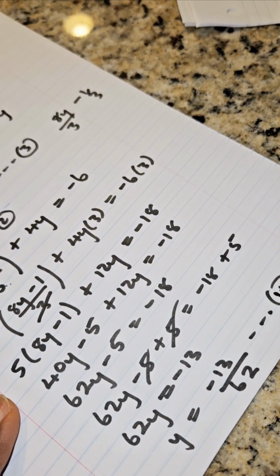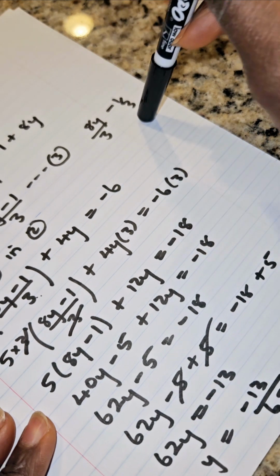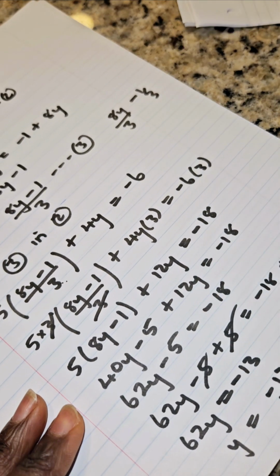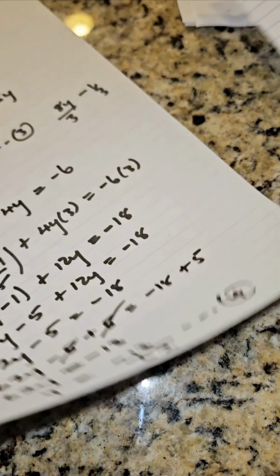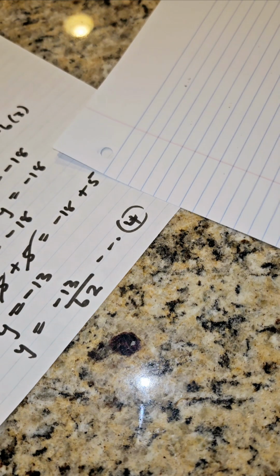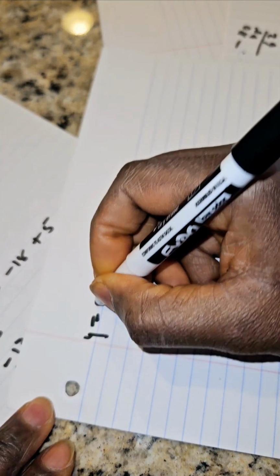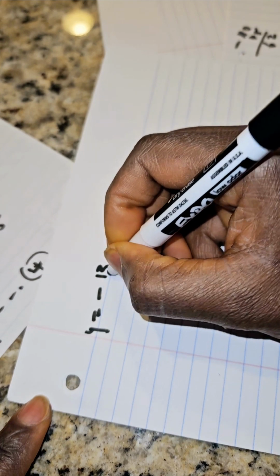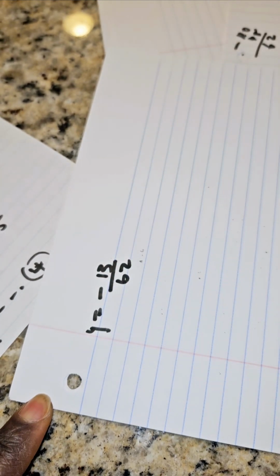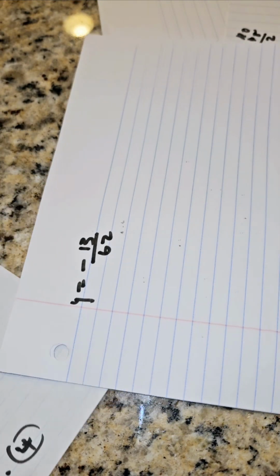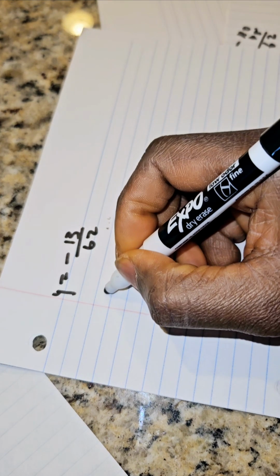I can take equation 4 and put it in equation 3, and I'll have the value for x. Now, equation 4, y equals negative 13 over 62. Now I will put it in equation 3.